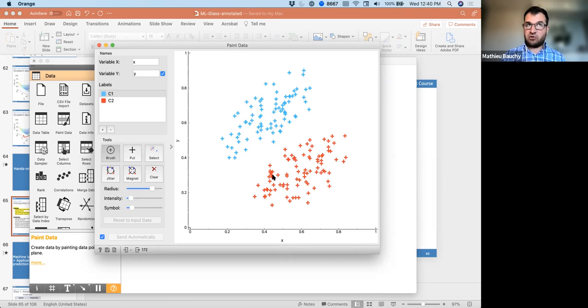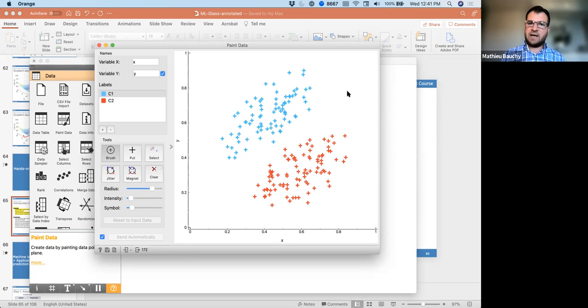And I know this information because now it's a case of supervised learning where I already have a label for those glasses. So what we will want to do is to train a classification model that learns how to find the best boundary between those two types of glasses, so that later on you can come up with any glass composition and the model will be able to tell you, I think it's a window glass, or I think it's a cover glass, or I think it's a bioactive glass, or something like that.